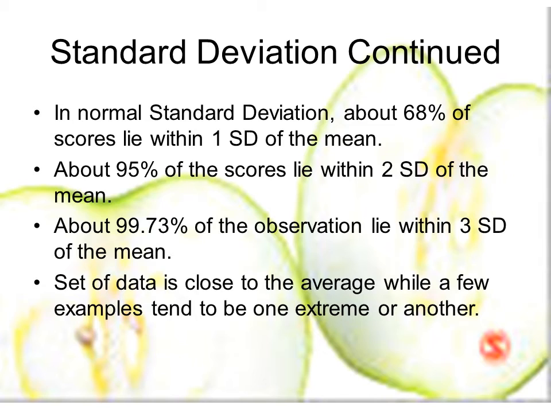You have a set of data that's close to the average, while a few examples may be extreme, way out there. We call those outliers. Say you're collecting data and everything you come up with is within 1, 2, 3 standard deviations, but then maybe you'll see something way out there at -9 standard deviations.